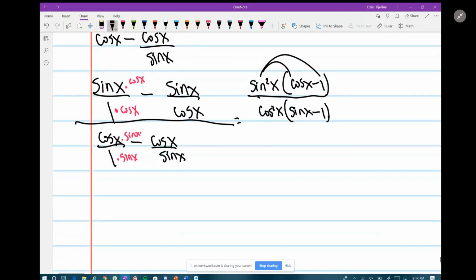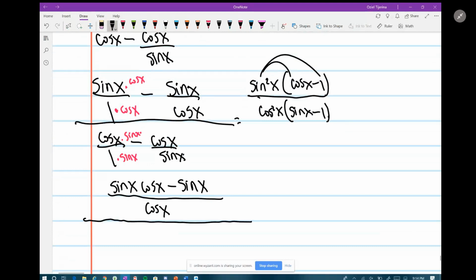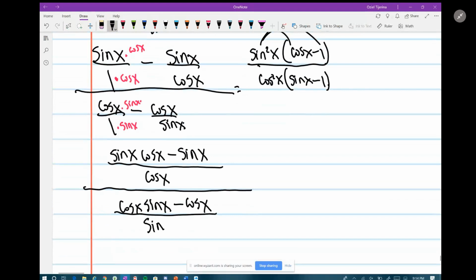So we have sine of x. Now that we have the common denominator, we say sine of x cosine of x minus sine of x, all over cosine of x, divided by cosine of x sine of x minus cosine of x over sine of x.